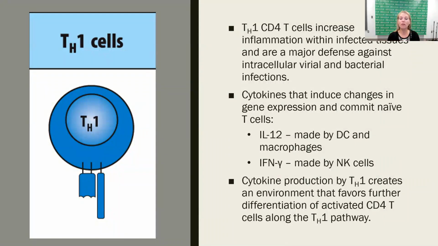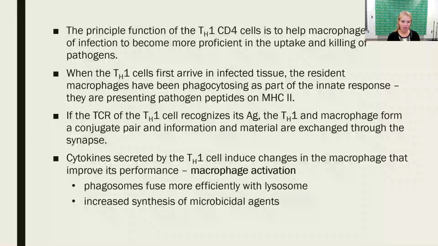So pro-inflammatory cytokines with T helper 1. Really important function for a T helper 1 cell, because we're looking at a bacterial infection, is to get macrophages to be more efficient at phagocytosis. So be better at uptaking pathogen and be better at killing it once it's been uptaken.